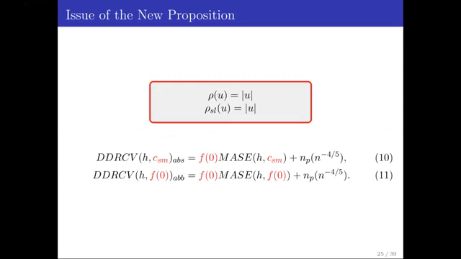We show in the paper that after some math, we get equation 10 and then 11. In equation 10, after replacing the Huber function in the selection process, the new DDR-CV is related only to h and the CSM.